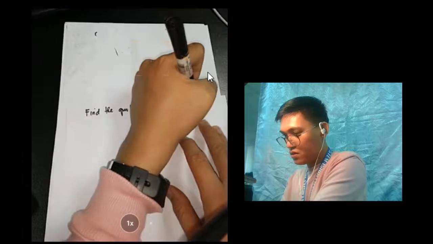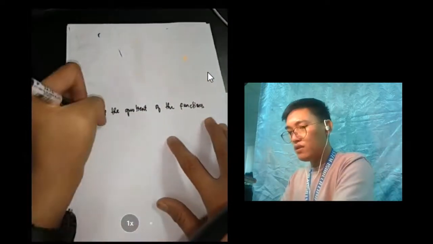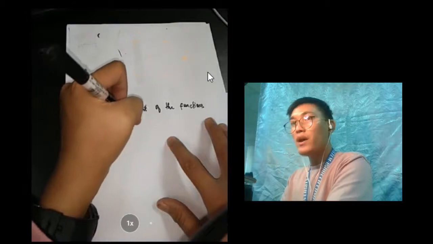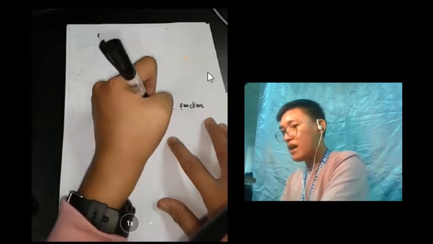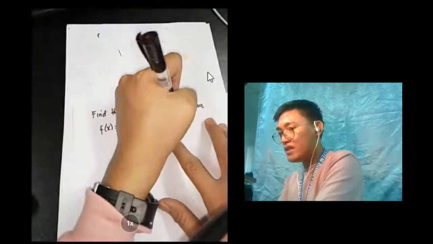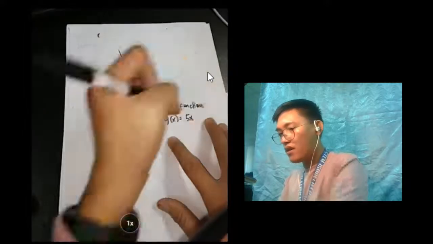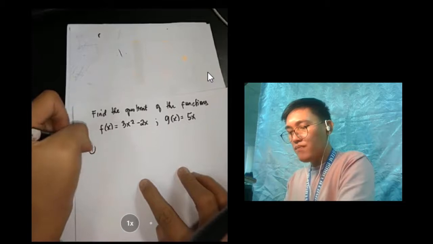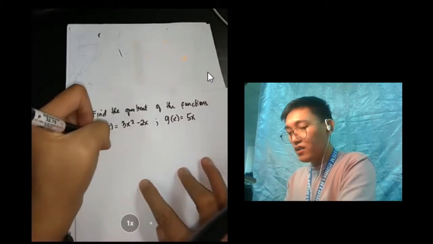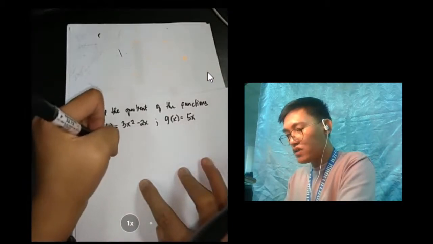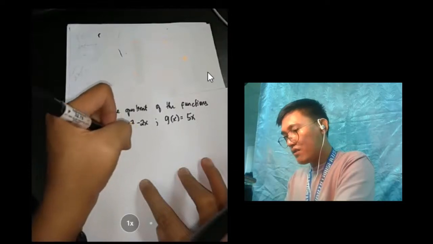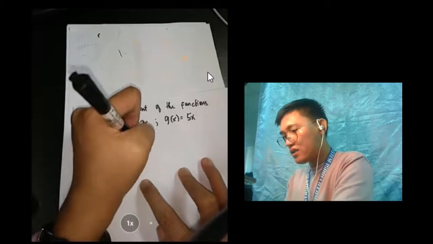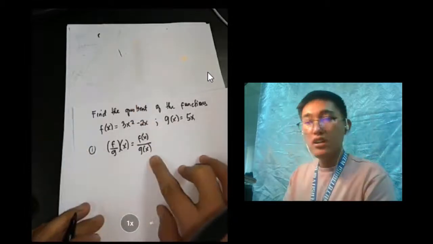Let's go. f of x is equal to 3x squared minus 2x, and g of x is equal to 5x. Step 1, use the correct denotation. That would be f over g of x is equal to f of x divided by g of x. Then let's do the substitution.